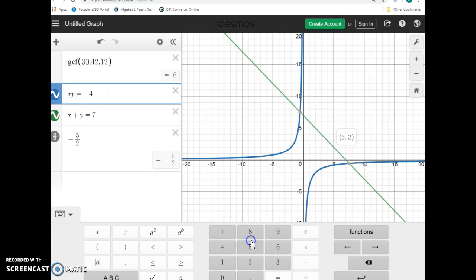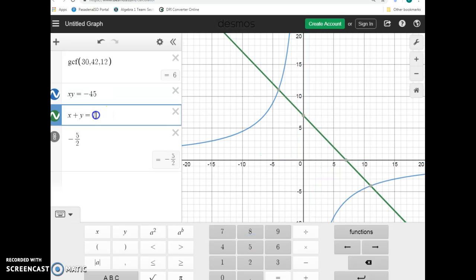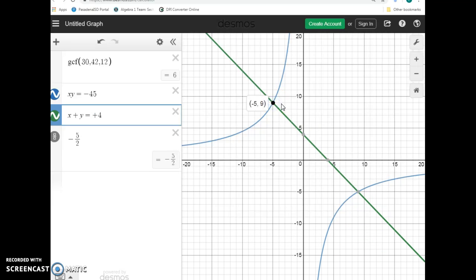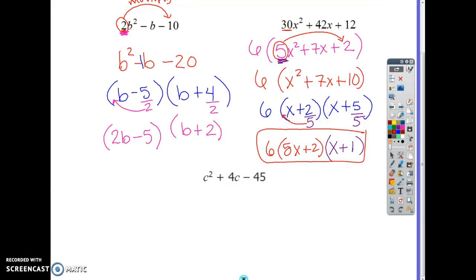Negative 45. Oops. And positive 4. That would be negative 5 and positive 9. So that's your answer. You just write it like this. Negative 5, positive 9, C, done.